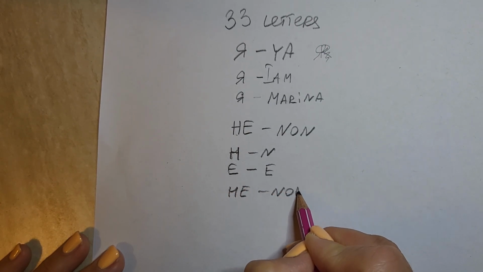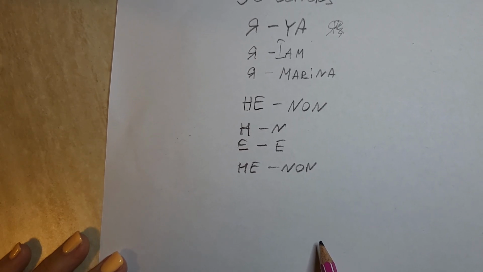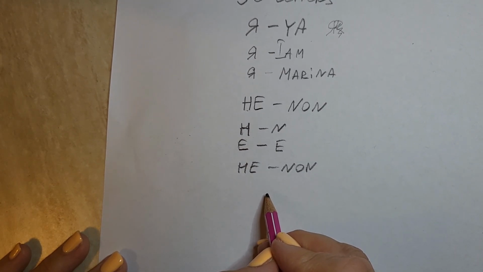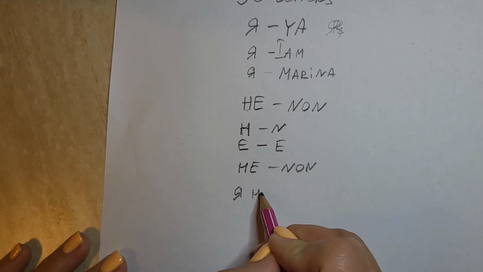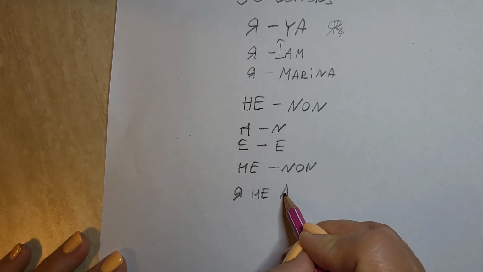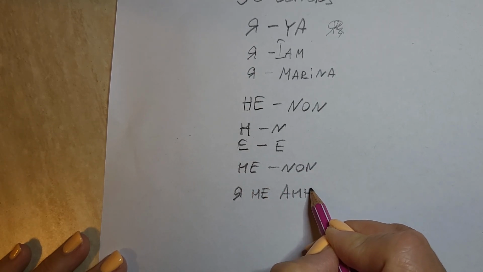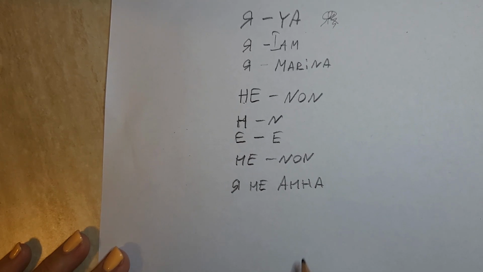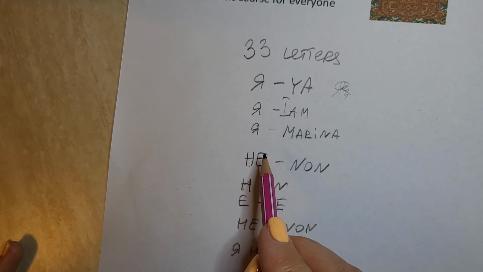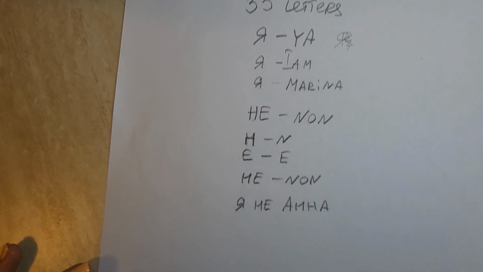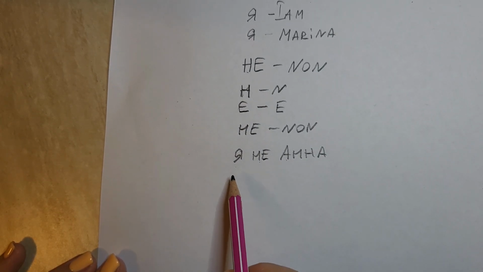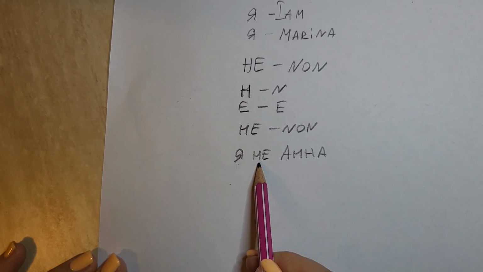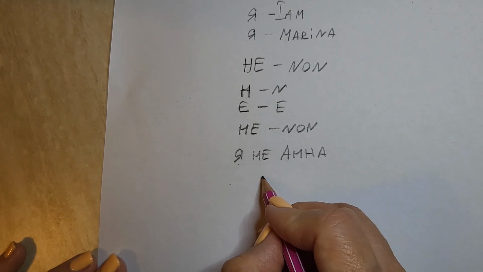Я не Анна. Я Марина. Я не Анна. I am not Anna.